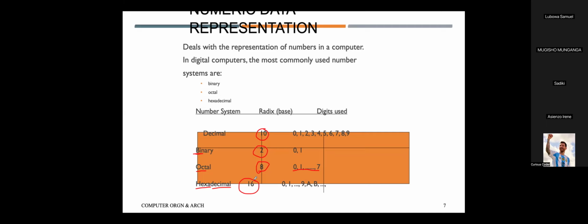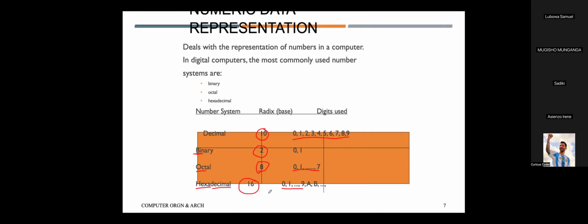So this hexadecimal is a base 16 number system, meaning that we write from 0 up to 9 to have the decimal digits, and for the extra six, we shall now be using alphabets.